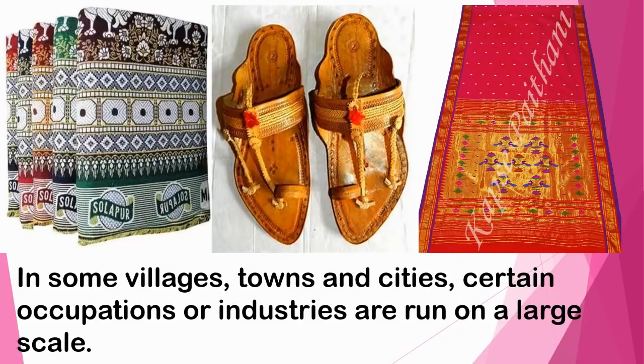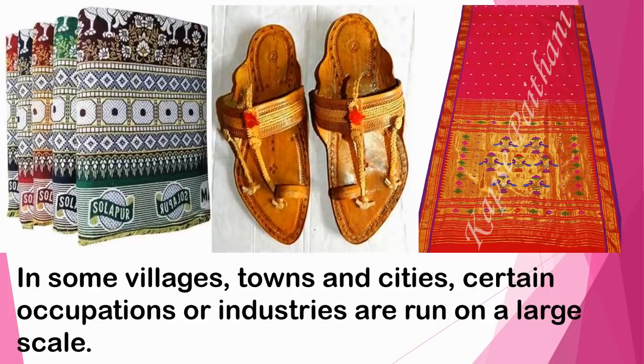For example, the Solapuri bedsheet is famous in Solapur and Kolhapuri chappals are famous in Kolhapur. Paithani is also famous in Paithan. Paithani is a sari. So like this, many places are famous for the speciality of their product. Have you understood, students?